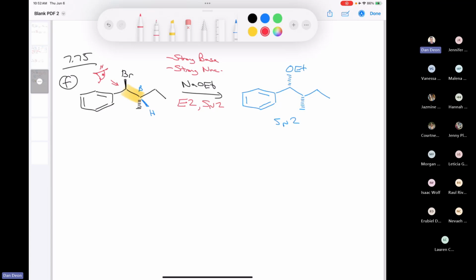So you're going to have to draw a Newman projection, okay, where you have the phenyl coming down like this, then you have the ethyl group going up in the back. I'll let you figure out the rest.